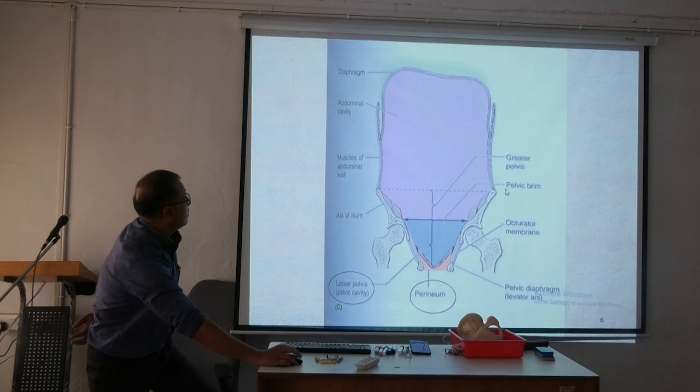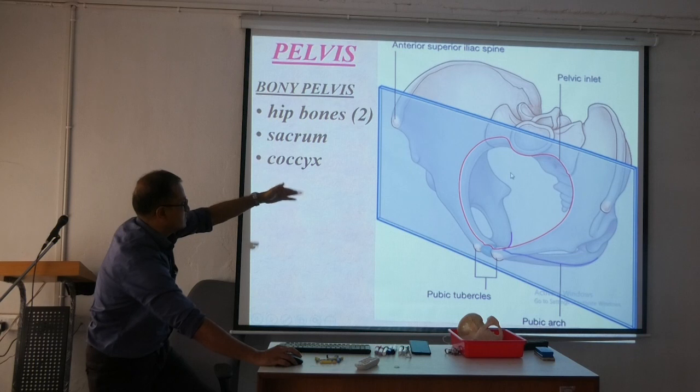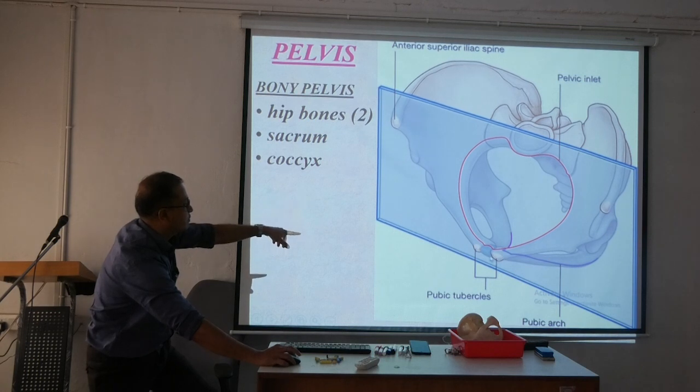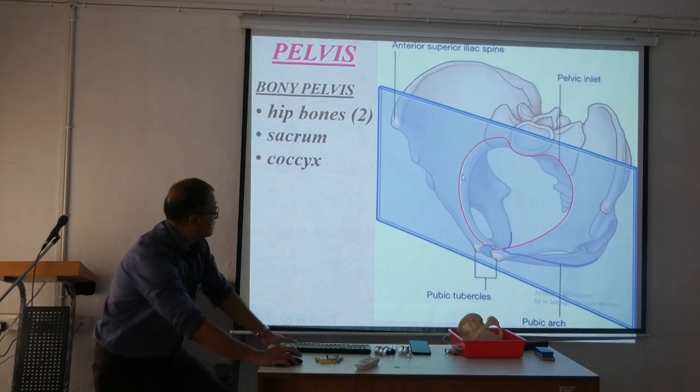Now, coming to the difference between the true pelvis, the false pelvis, and this pelvic inlet, that's the line we just talked about, right? This is the line we started from the right side, circulating back to the left side, and this is the bony pelvis.